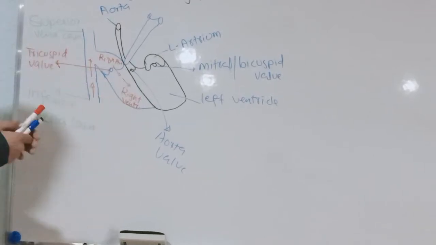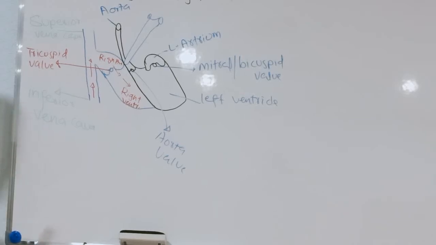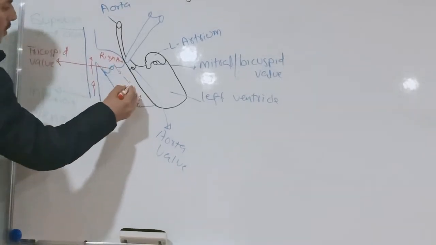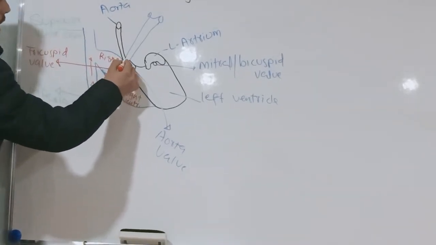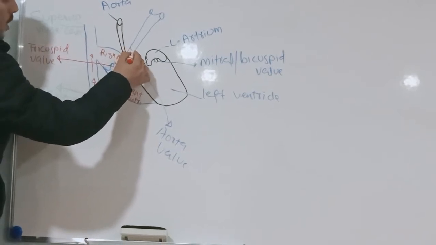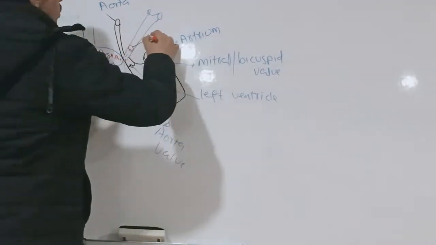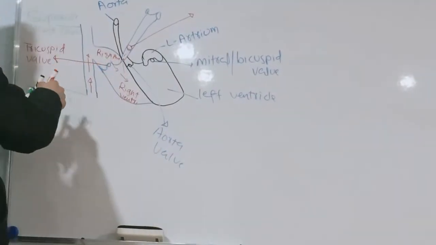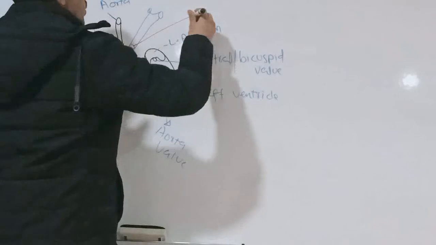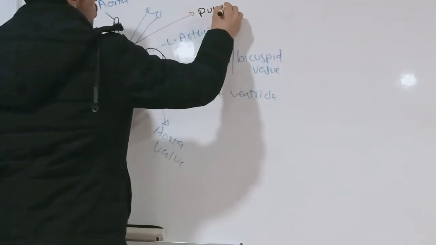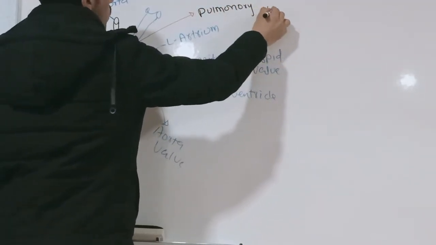Now, from the right ventricle, there is another valve present, which is called the pulmonary valve.